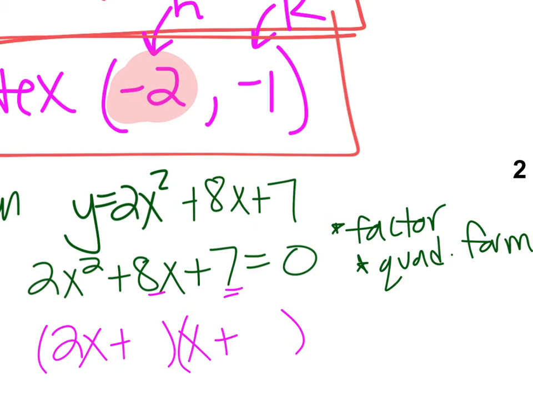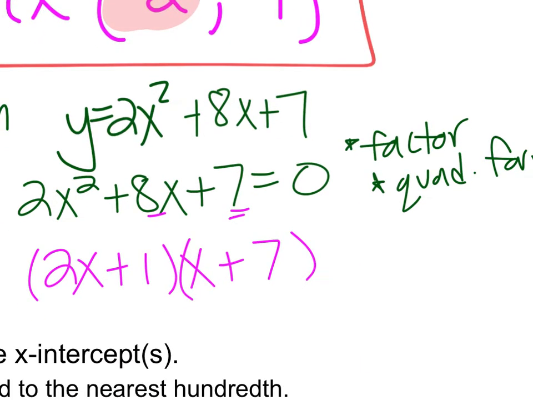If I did 7 times 1, this would be 7 and 2, but that's 9. If I did 1 and then 7, this would be 1 and 14. So this one does not factor. If you can't factor it, which can happen, use the quadratic formula. So let's go ahead and do that and see what we get.